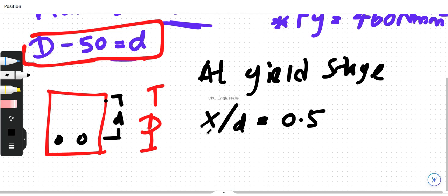It means this is the neutral axis, the depth of the neutral axis. This is the effective depth. The ratio between the neutral axis depth and the effective depth is 0.5. I take it as the assumption. So the neutral axis is like this, and the depth to the neutral axis is x.